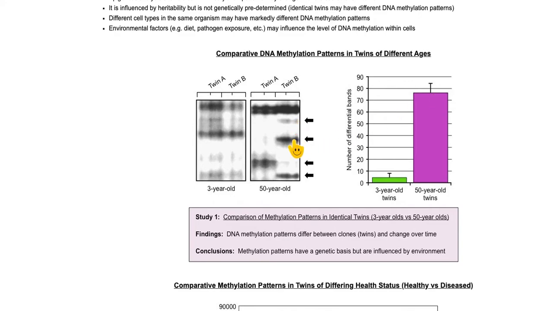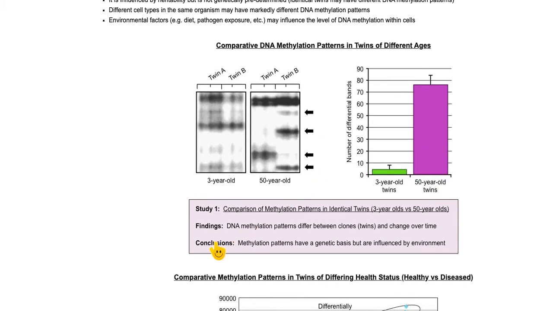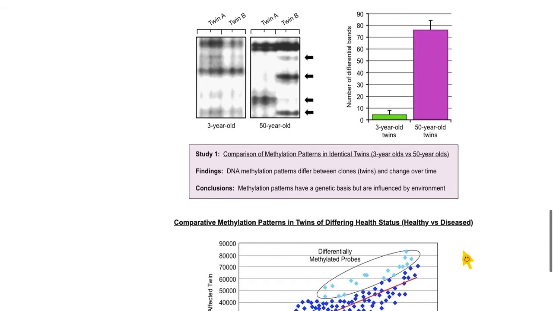So they have different methylation patterns, and that's because even though they're twins, right, and they do have the same DNA, the DNA has been methylated within itself in different patterns. So you end up with different differential bands. So the finding is that DNA methylation patterns differ between clones or twins and change over time. And methylation patterns have a genetic basis but are influenced by the environment.